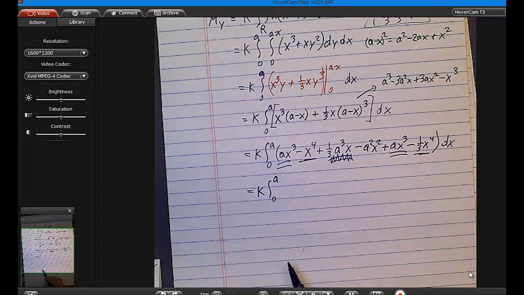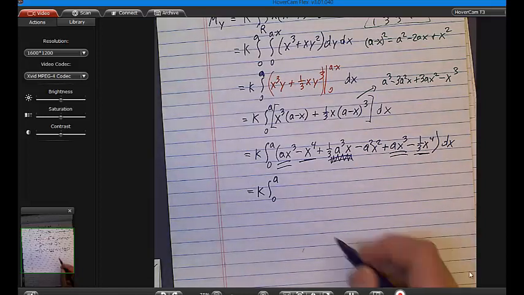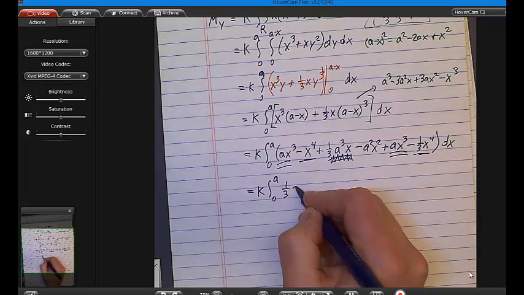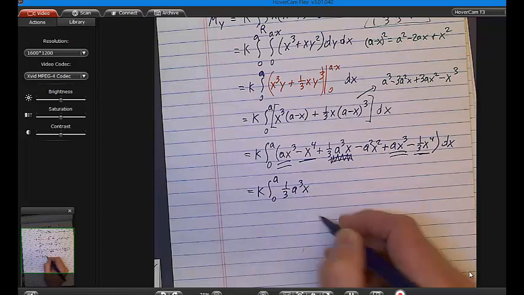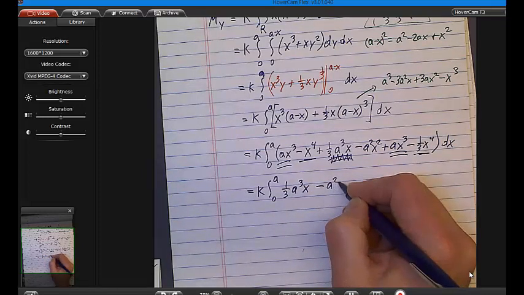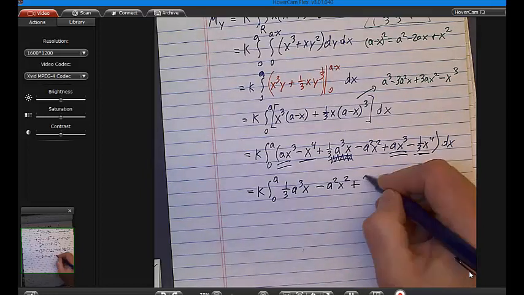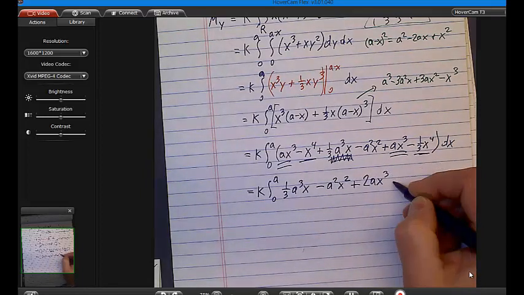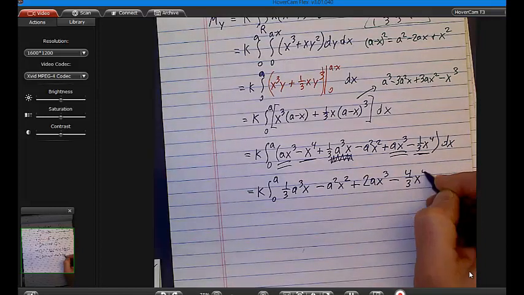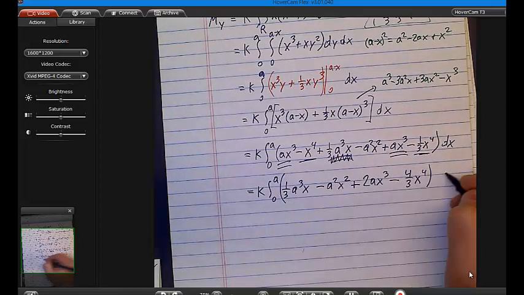Let's start off with the a cubed x. 1/3 a cubed x minus a squared x squared plus 2ax cubed minus 4/3 x to the 4th. How's that look? Not too bad, right?